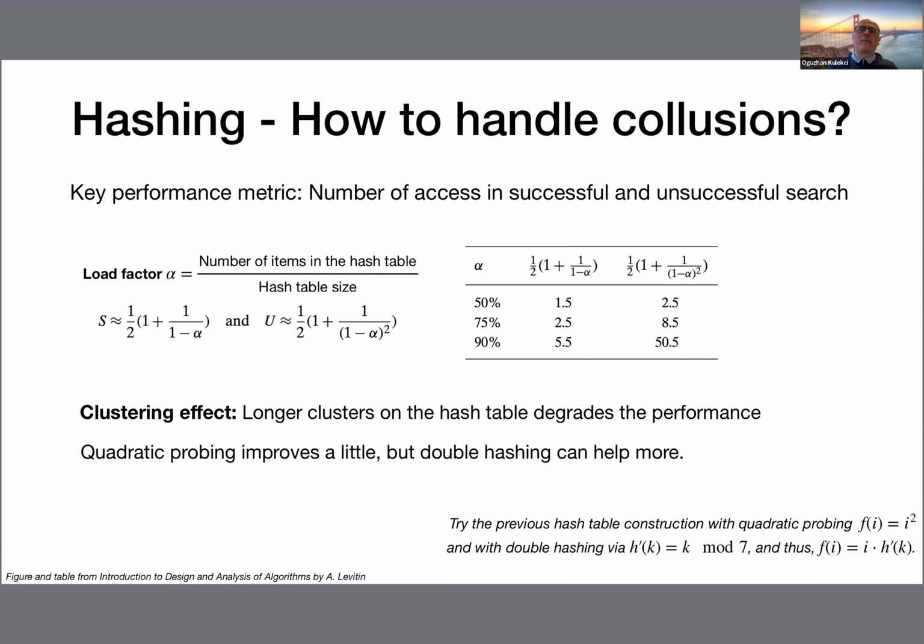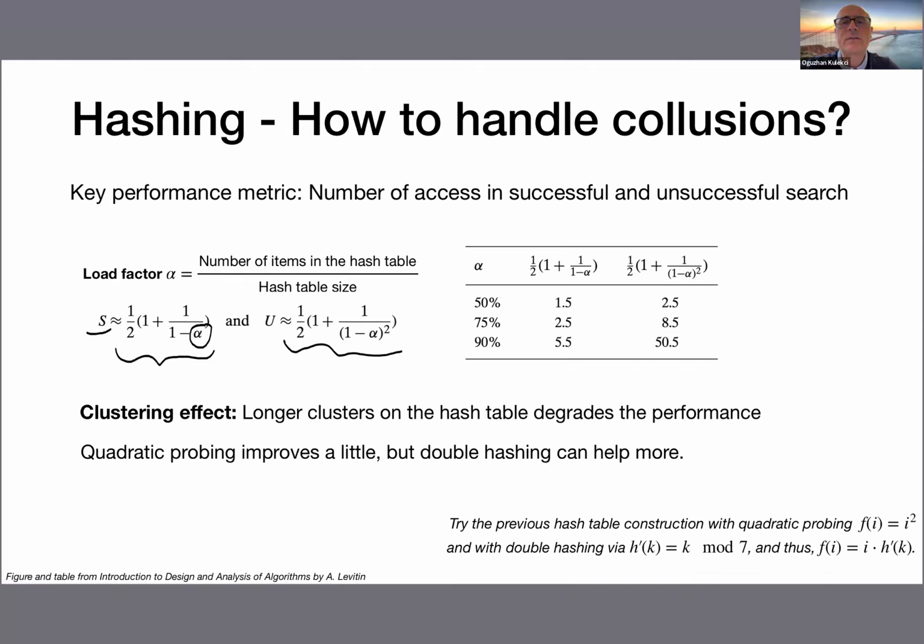Interestingly, it is not an easy calculation to find the expected number of accesses in a successful and unsuccessful search. But Knuth did this in the 60s, and this is for linear probing. Whenever you have a load factor of alpha, this is the expected average number of accesses for a successful search, and this is the one for an unsuccessful search.